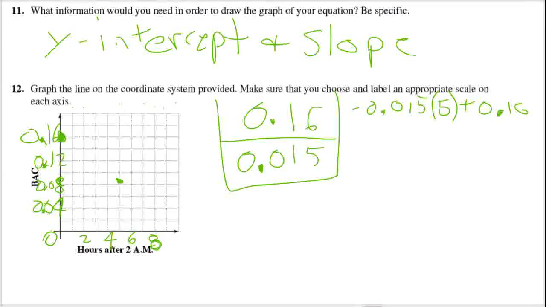And I know at 10 hours, I'm a little bit more than 0. So I can draw that line in. If you're actually doing a graph and you use a ruler, you really only need 2 points.